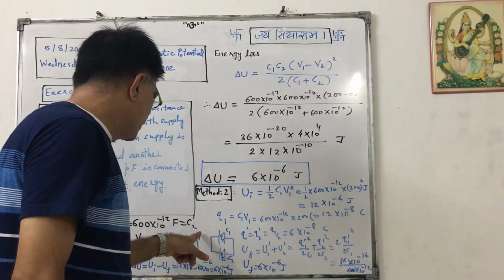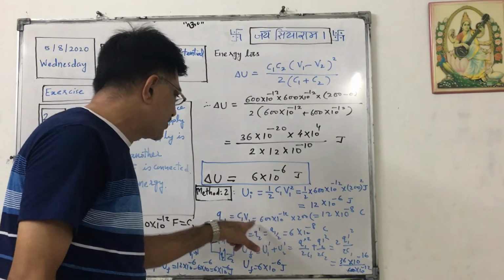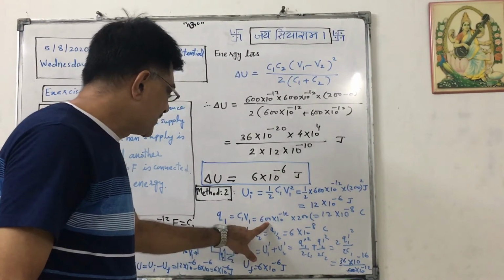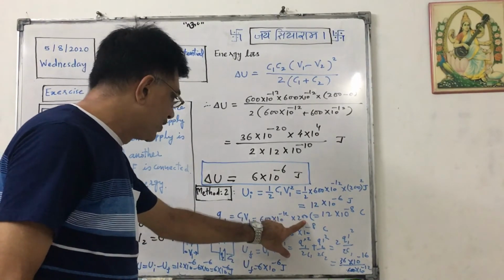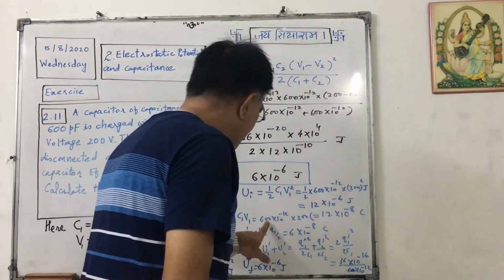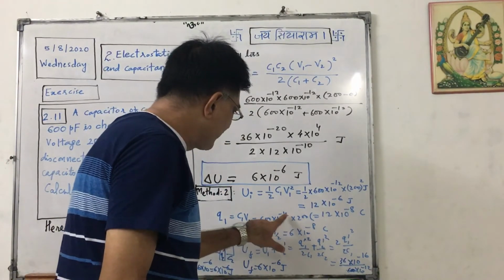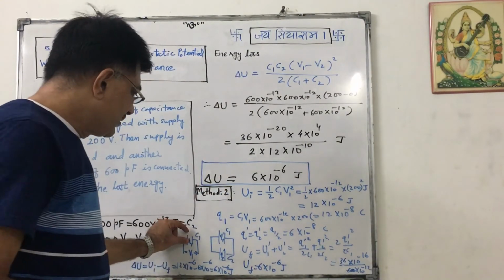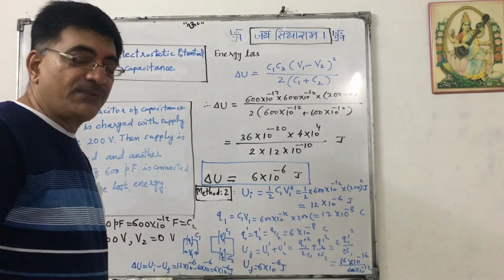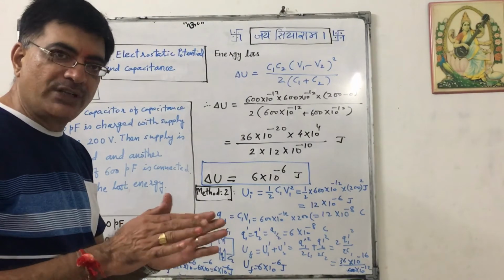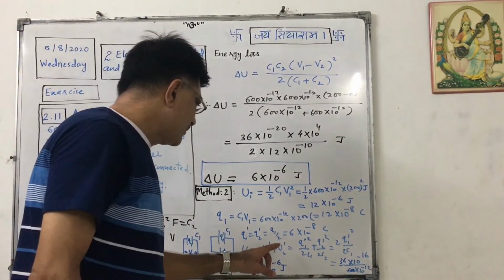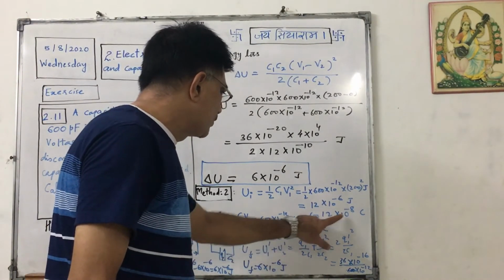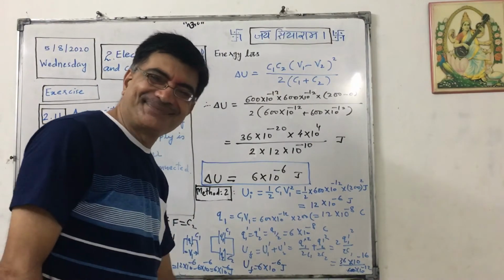We know that C1 equals Q1 by V1, so Q1 equals C1 V1, which is 600 into 10 raised to minus 12 into 200. 6 2s are 12, this 10 square and 10 square will be added here, so it is 12 into 10 raised to minus 8 coulomb. That was the charge of the first capacitor, which will be divided into equal parts. So each capacitor will now have a charge of 6 into 10 raised to minus 8 coulomb.